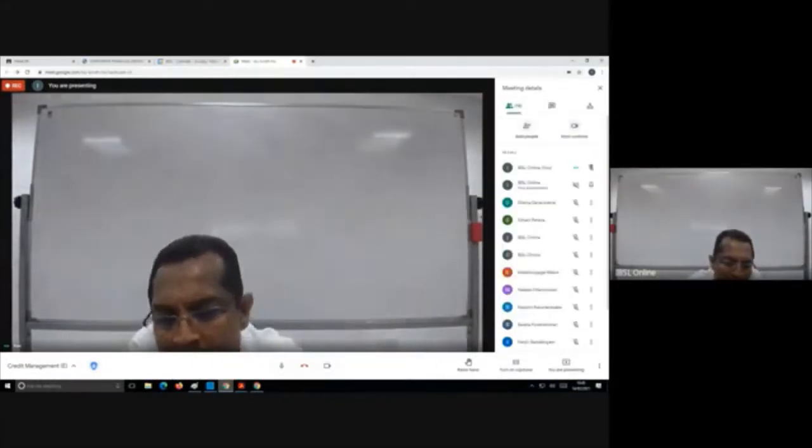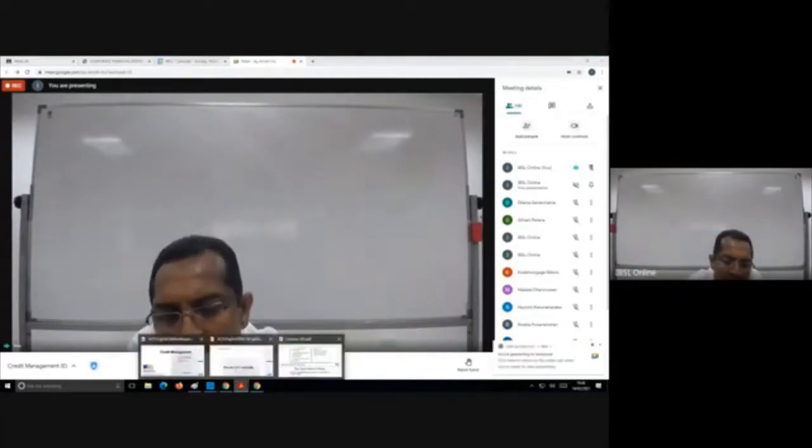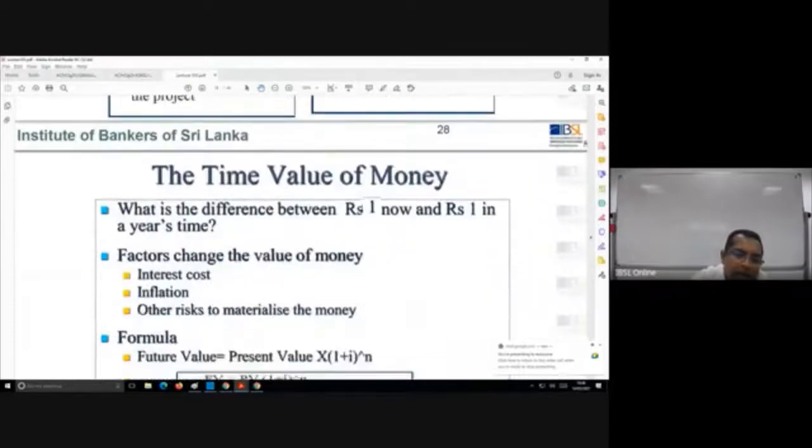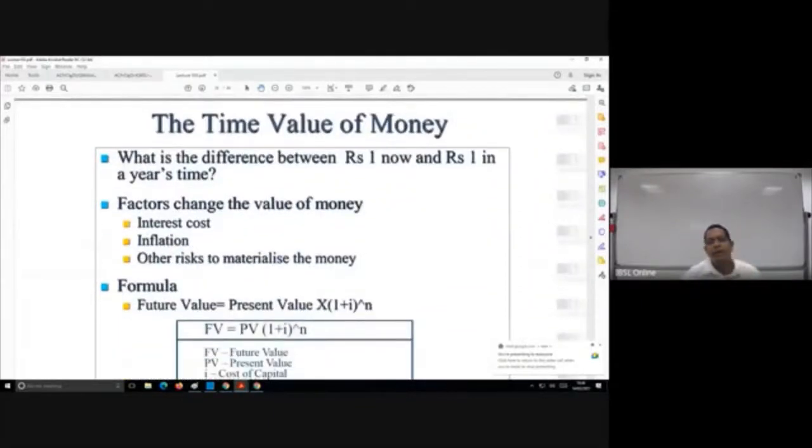So today we will be discussing the time value of money, right? What do you mean by time value of money? That is the value of rupee today and rupee after 1 year or 2 years.